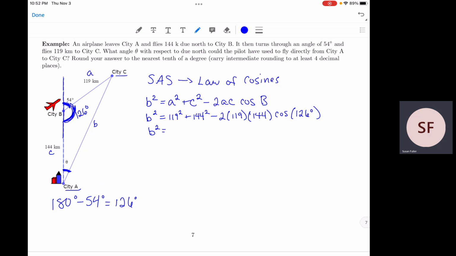And when you do that, you're going to get B squared equals, when I plugged all of this in, I got 234. Oh, that's A. So hold on, sorry about that. I had taken this all the way to the end, but I'll give you the intermediate here just to make sure. So minus 2.